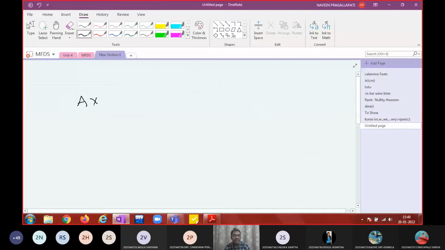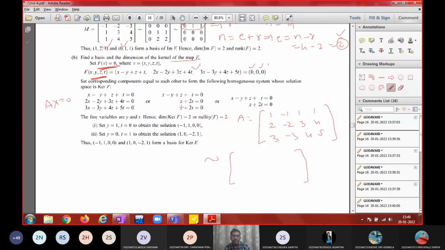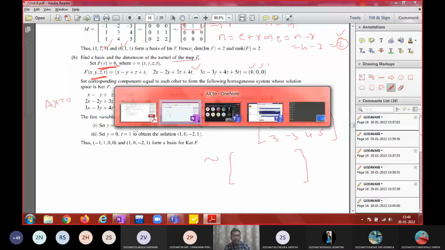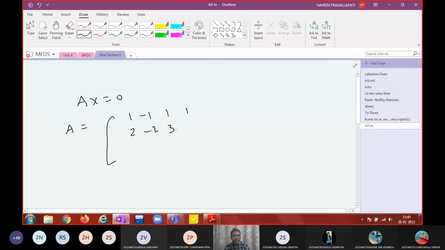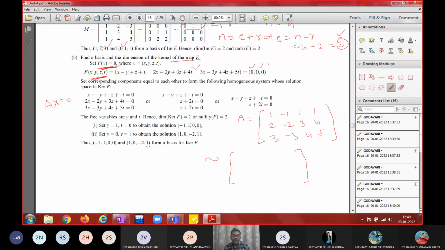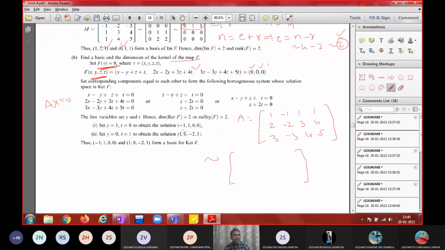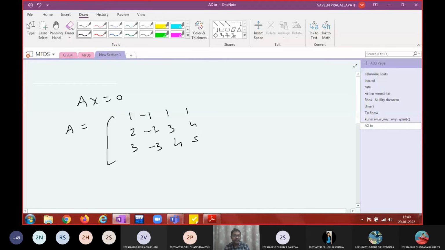So AX equal to 0, let us say A equals the matrix with rows 1, minus 1, 1, 1; 2, minus 2, 3, 4; 3, minus 3, 4, 5. Now how do you convert it into echelon form?